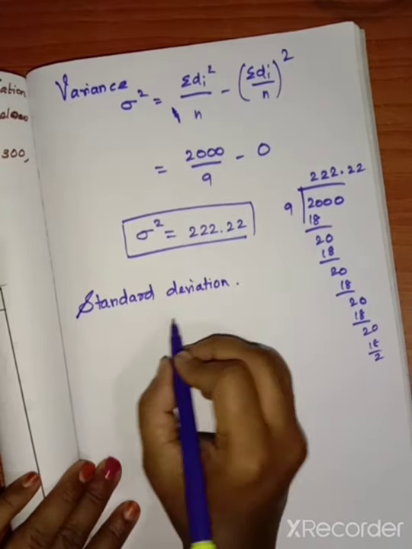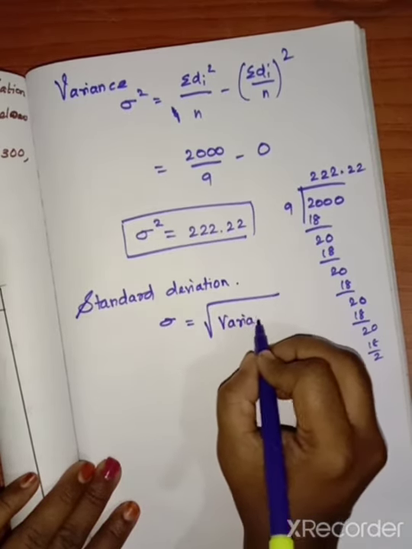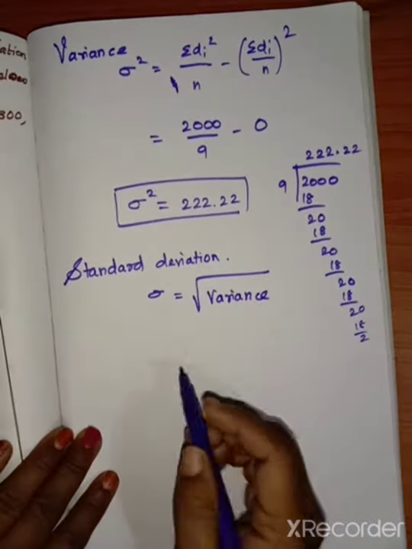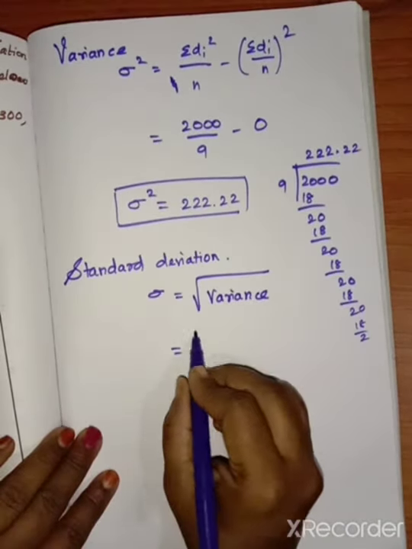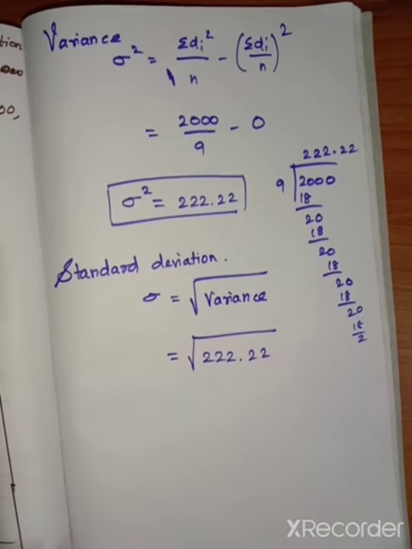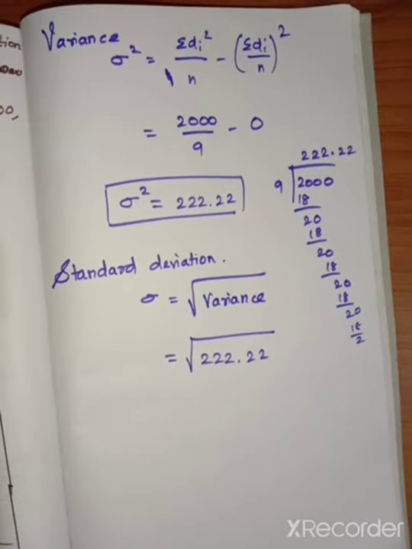Then we want to find the standard deviation. Standard deviation sigma, that means root of variance. Because sigma squared is there, root of variance means standard deviation, root of 222.22. Here we can use the long division method.